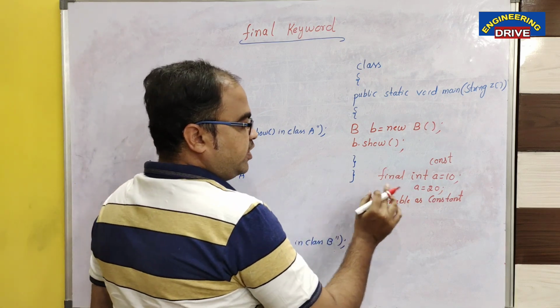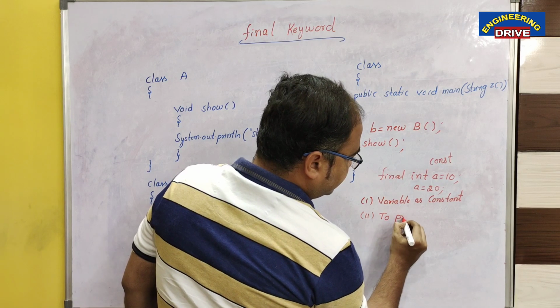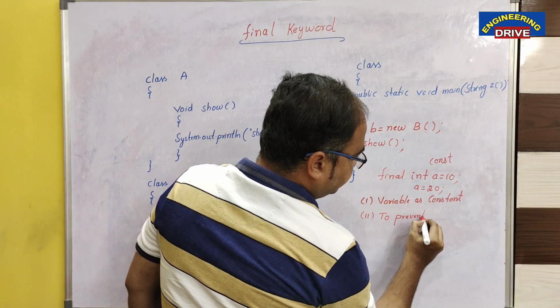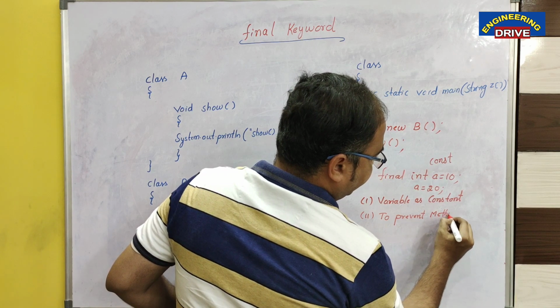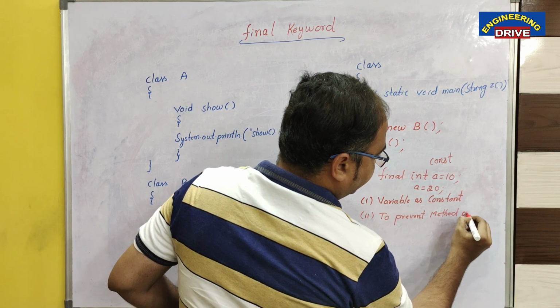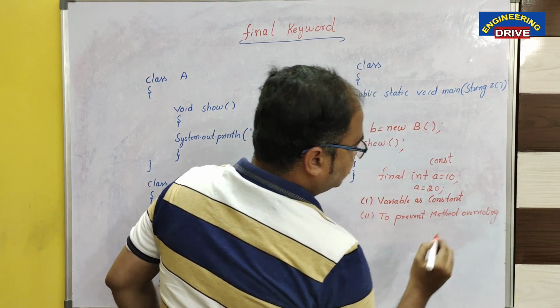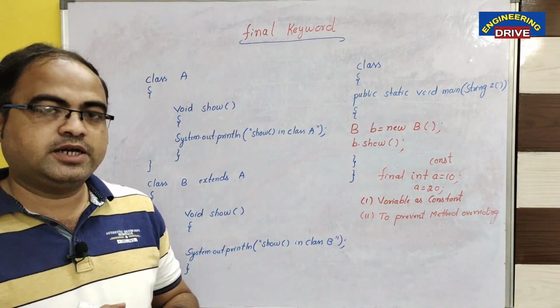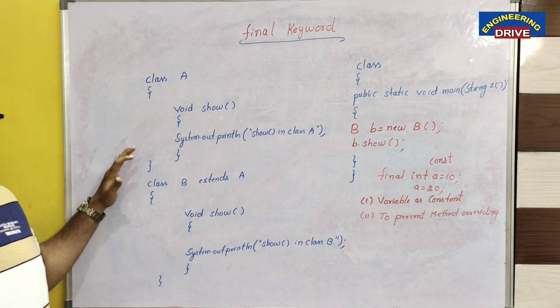The second use of the final keyword is to prevent method overriding. This is very important. Now let me take this example program.